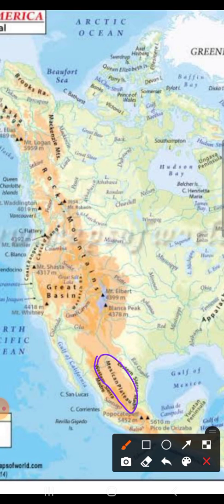The Colorado Plateau. And the Rockies are the most important ranges in the Western Cordilleras. The height of the range is low towards Alaska. Alaska comes here.